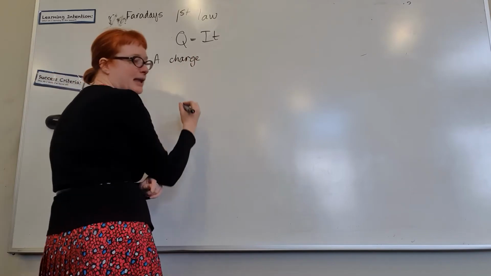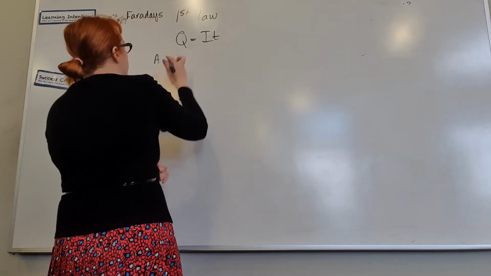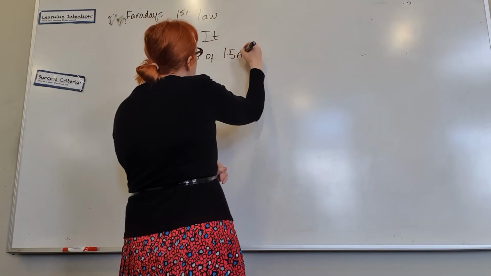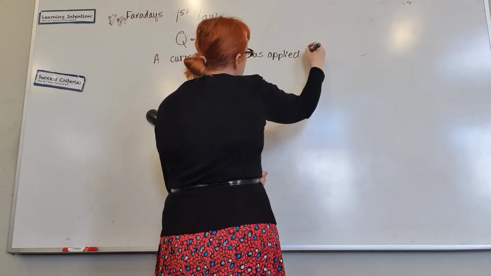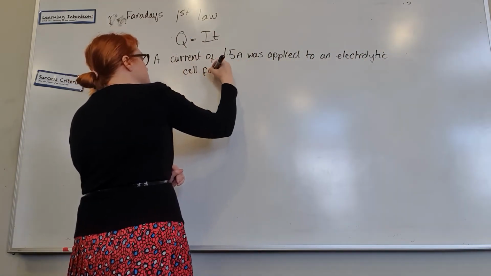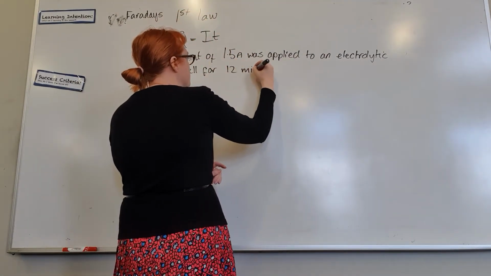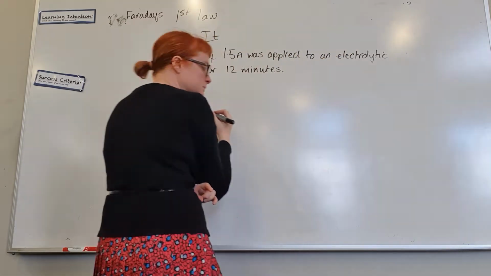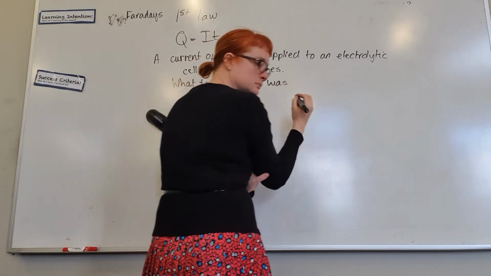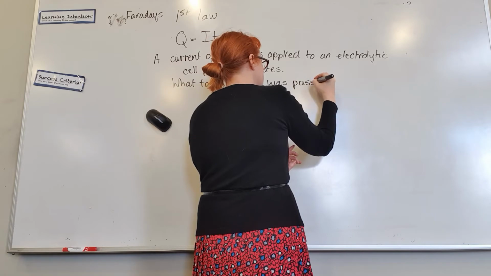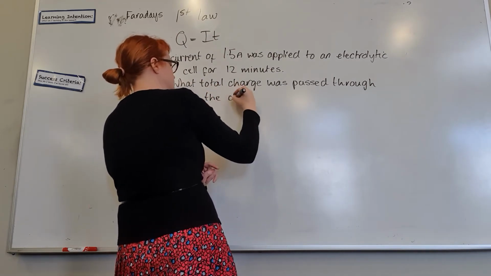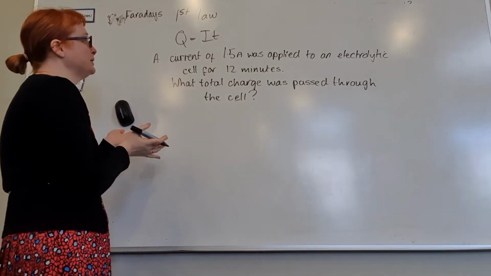So the question you might get given at this point: a current of 1.5 amps was applied to an electrolytic cell for 12 minutes.